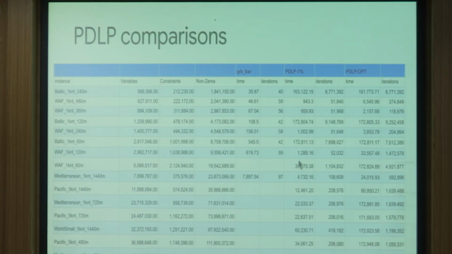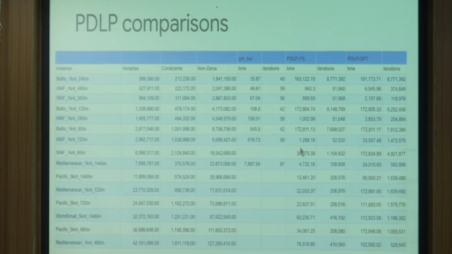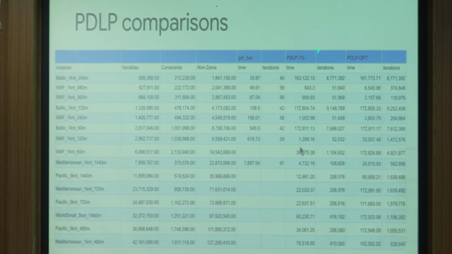But it can do much better than what Gurobi was doing on this set of instances. Gurobi was dying at 23 million non-zeros and 2 hours plus. This is also running on the same machine, 128 threads. This is the number of iterations.